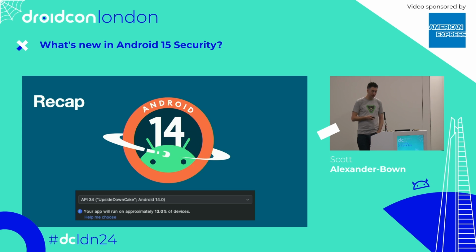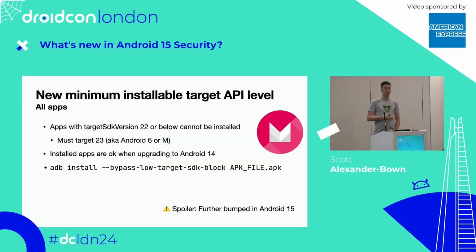One of the key new things that came in Android 14 was this whole idea of a minimum installable target API. The Google Play Store has something similar to force you to keep updating your apps. But now this is built into the OS.